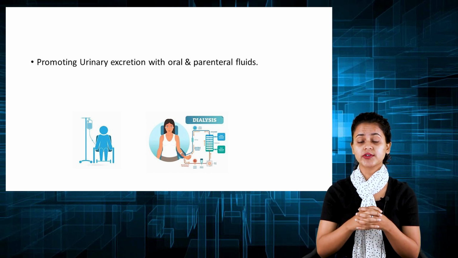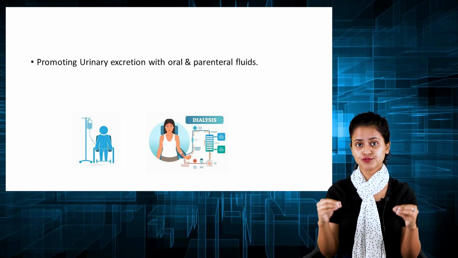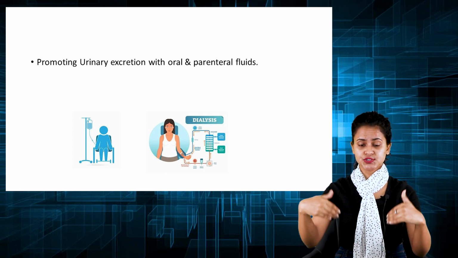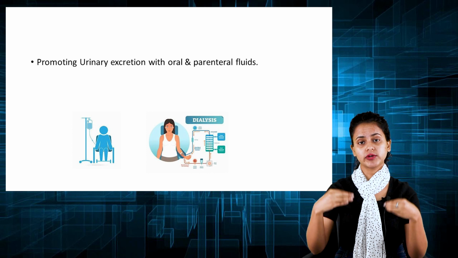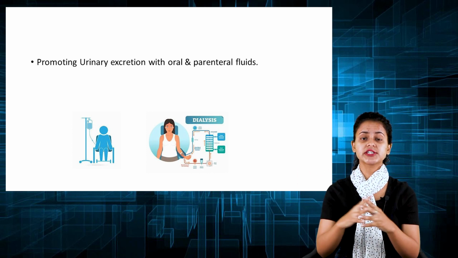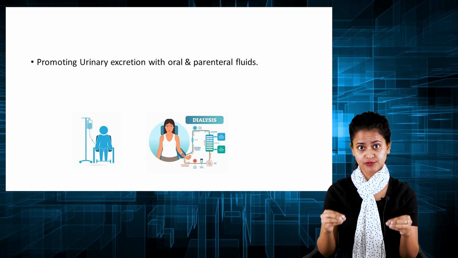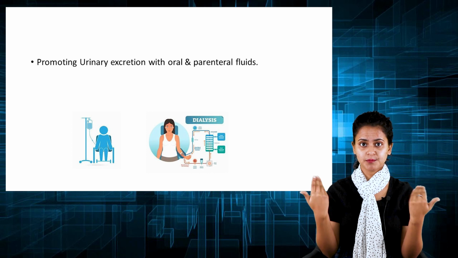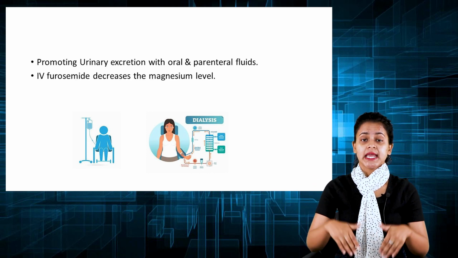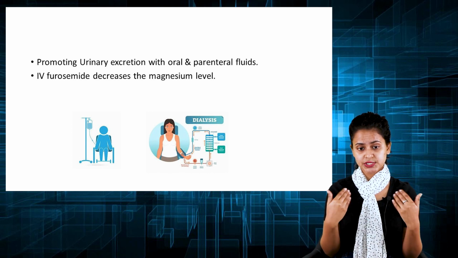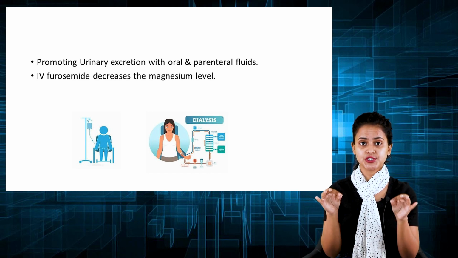For a client who already has an excessive amount of magnesium, urinary excretion should be promoted with oral and parenteral fluid. Urinary excretion of magnesium directly reduces the amount of magnesium in the body. Intravenous furosemide is administered to decrease the magnesium level.